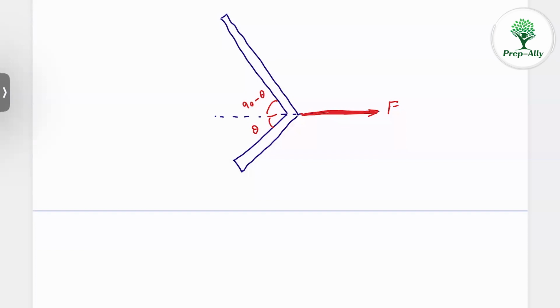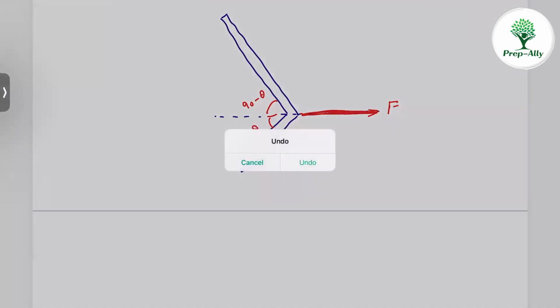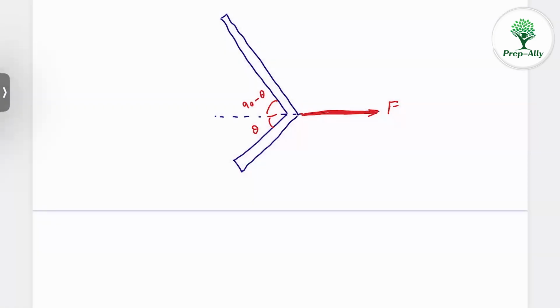So there are two ways. I'll tell you both the ways. One way is to do the integration. So divide it into small parts. Whichever part of the rod is in contact with the ground, that part's weight will be balanced by the normal force at that location.